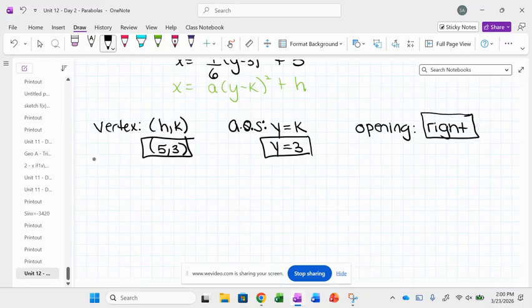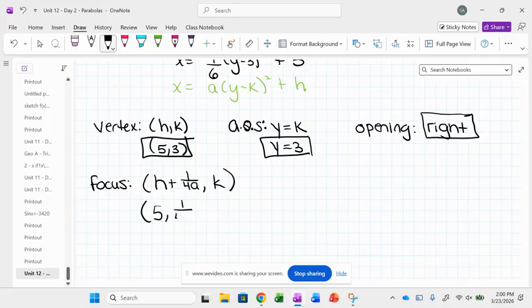Let's go to our focus. Our focus this time is going to be h plus 1 over 4a, comma k. So now it's going to take some manipulation. Our h is 5 plus 1 over 4 times 1/6.